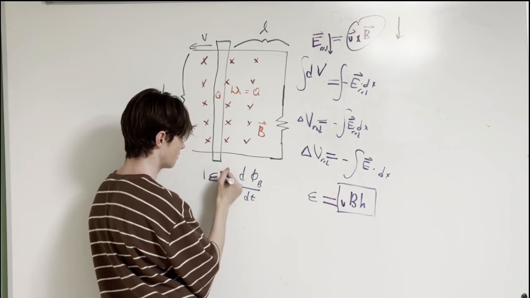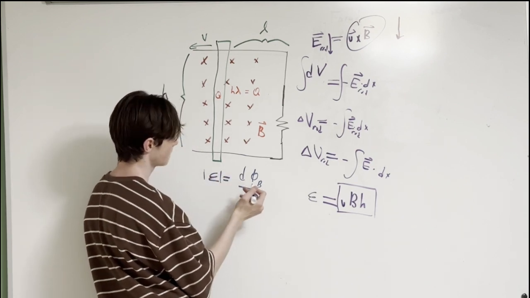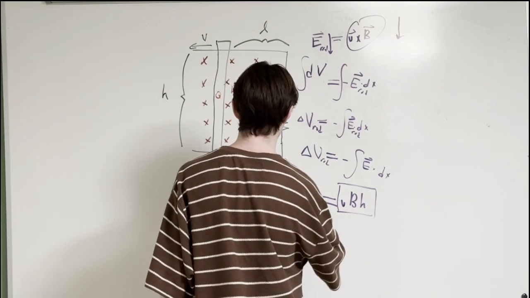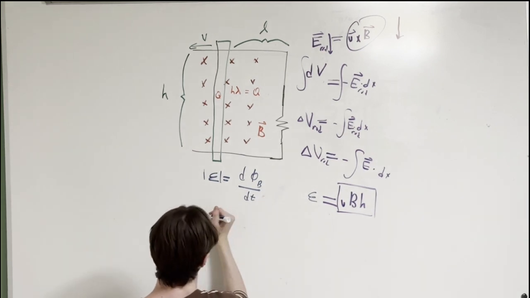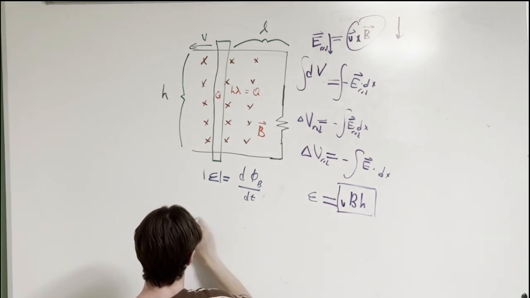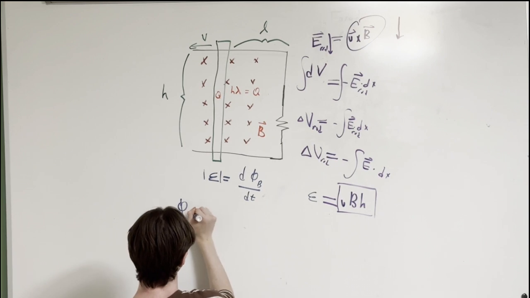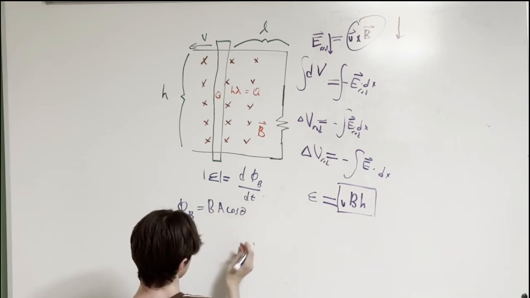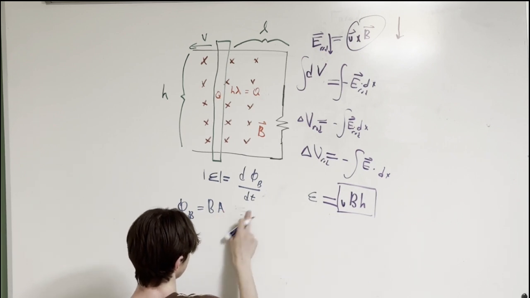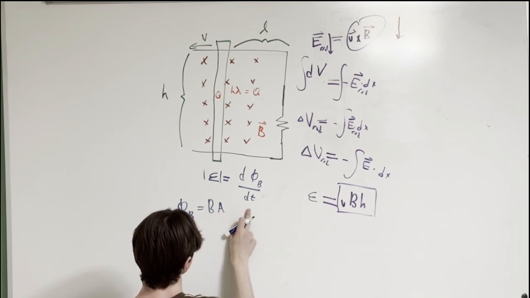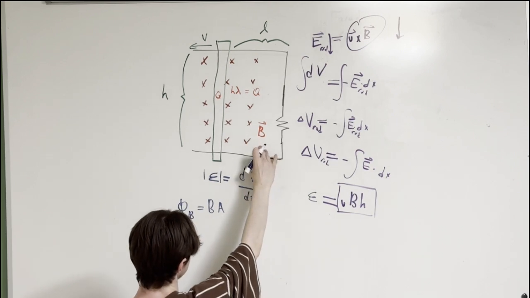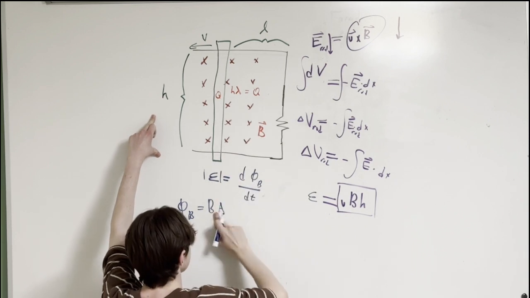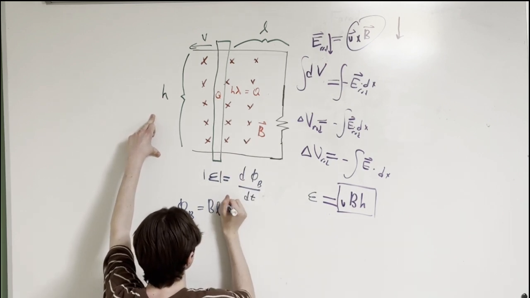Then if we calculate magnetic flux here, magnetic flux is equal to BA cosine theta. Cosine theta in this case is 1 because they're perpendicular to each other. The magnetic field is directly piercing the area. The area is just going to be equal to length times height, which is LH.